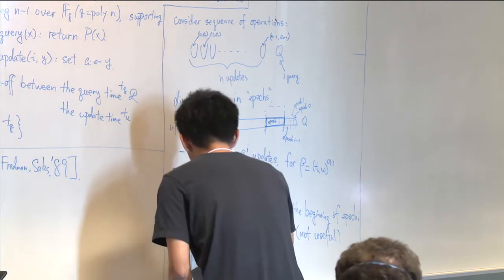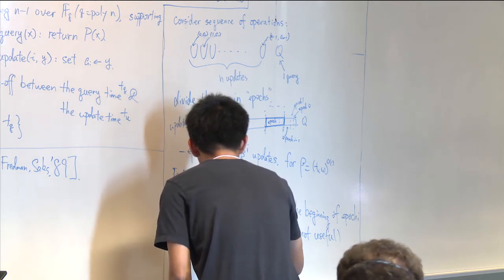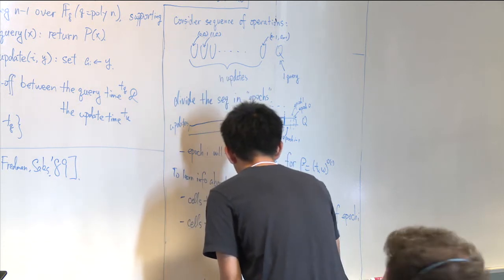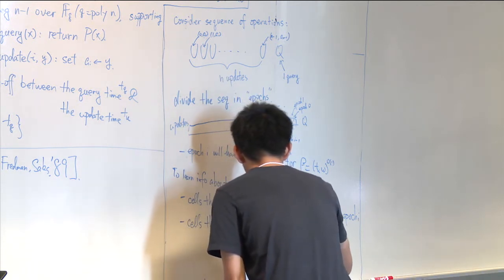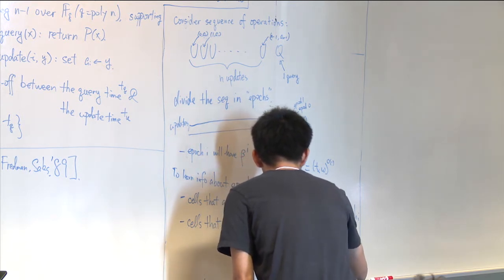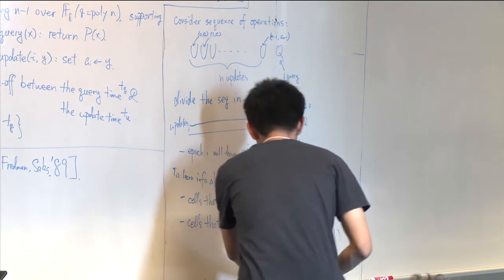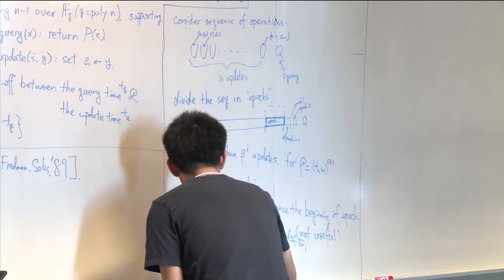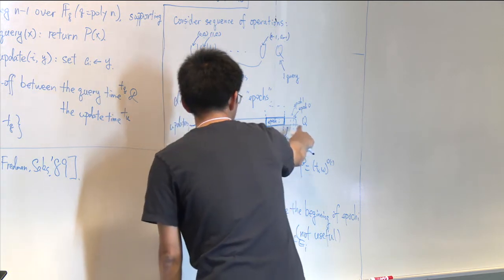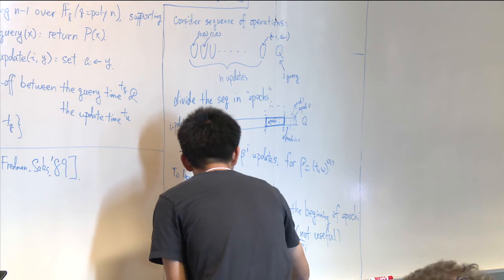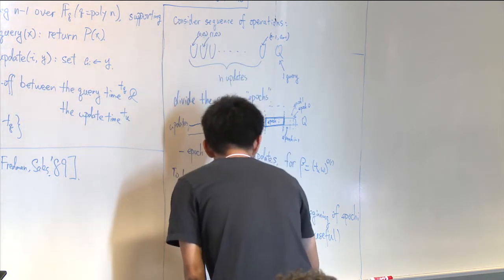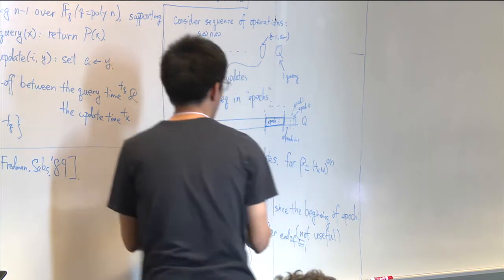So for the cells that are probed after the end of epoch i, how many of them? There are only beta to the i minus 1 different updates after epoch i, and each one of them can update at most t_u cells, and each cell can have w bits in it.